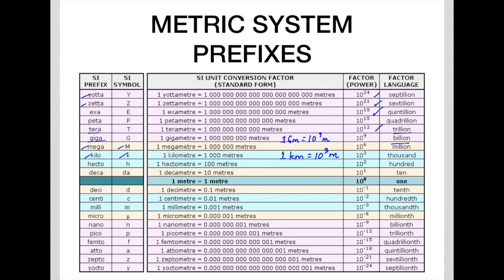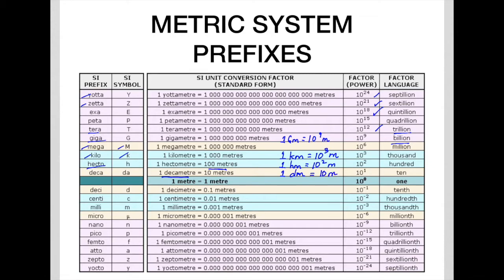Now, we have hecto. Take note that 1 hectometer is equivalent to 10 raised to 2 meter, or simply 100 meters. And then 1 decameter is equivalent to, so 1 dA, or sometimes it is small letter d, and if I use decameter, dam is equivalent to 10 meters.